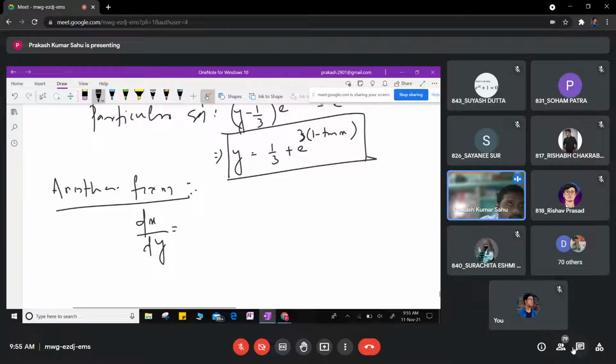Another form में देखो, पहले जो था वो dy by dx फॉर्म में था, y in terms of x में था, but here just reverse. यहाँ पे dx by dy होगा plus some function of y into x is equal to some function of y.